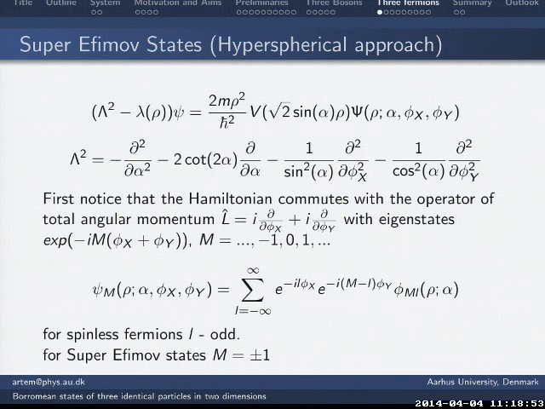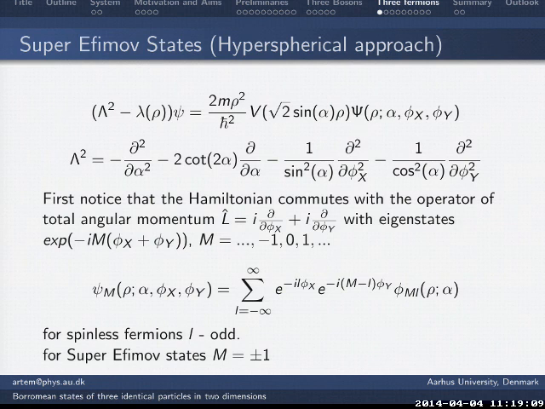First we notice that the Hamiltonian commutes with the operator of the total angular momentum, which is the total angular momentum in dimensionless units, and we have eigenstates of this angular momentum.